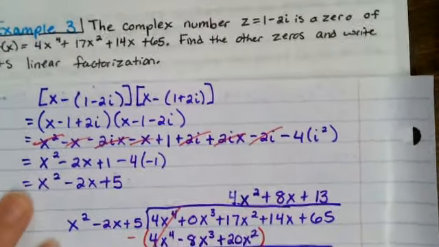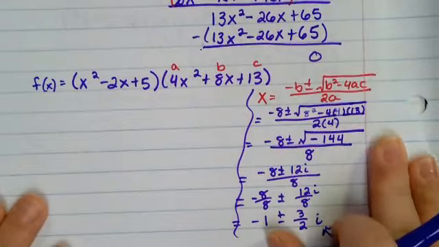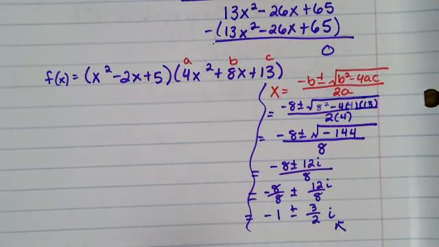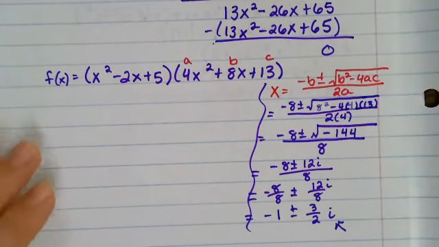So the question originally, let's go back and make sure we know what the question was. Okay, we're going to find the other zeros and write the linear factorization. And all that's asking us to do is show it all the way factored out, even if it's complex. Okay, so let's see what we're going to have here.